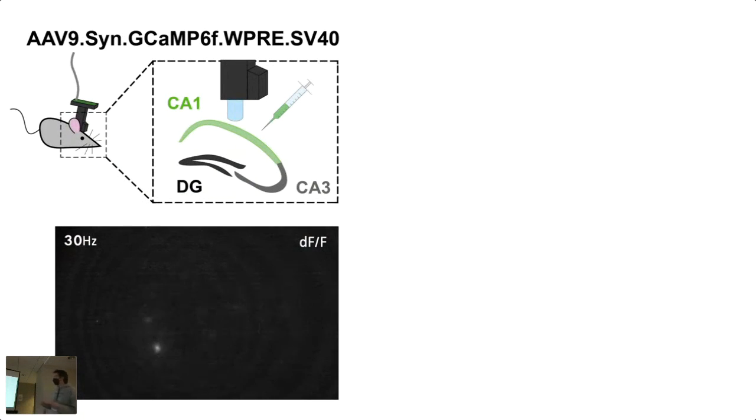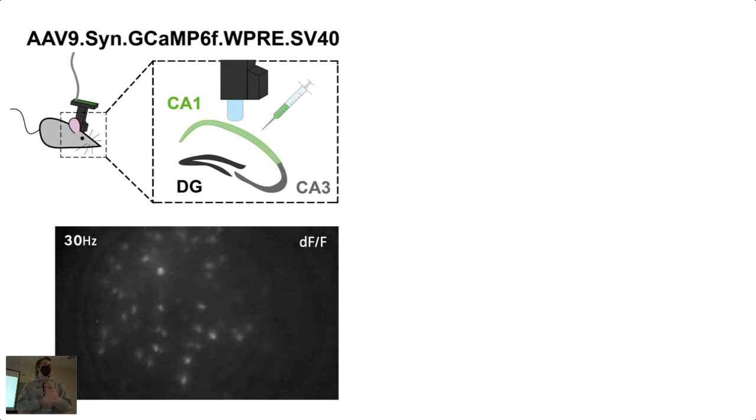So the general approach to get neurons to fluoresce, and these are some data that we've recorded in the lab that we'll be playing with today, is we can inject a viral construct into our target region. And here we're going to focus on CA1 in the hippocampus because we know there are place cells there, and that's what we want to study.